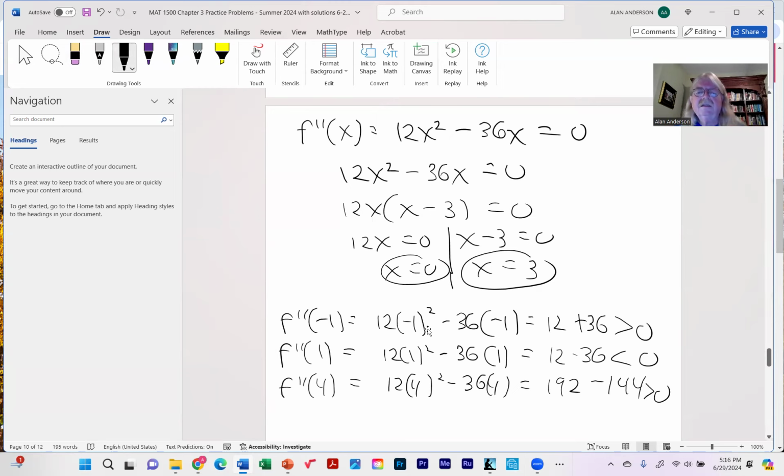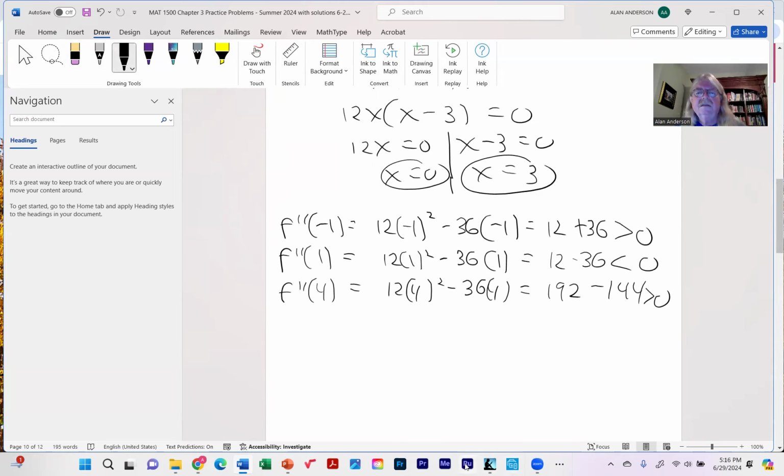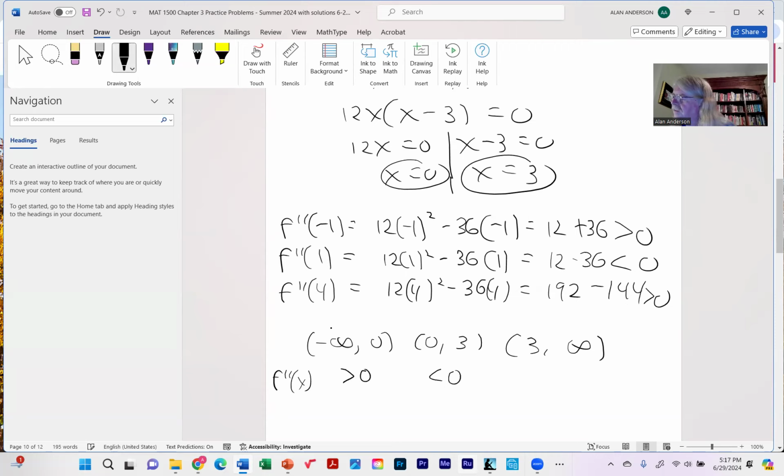All right, so let's break this out as intervals. The second derivative is positive, negative, and then positive.